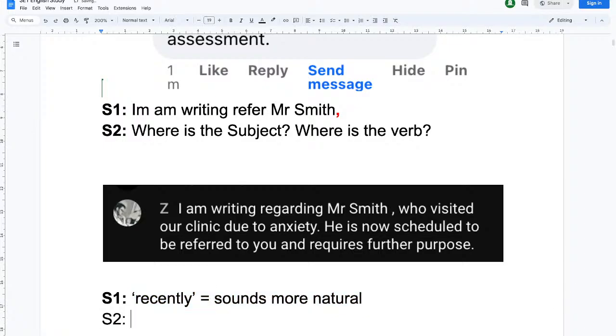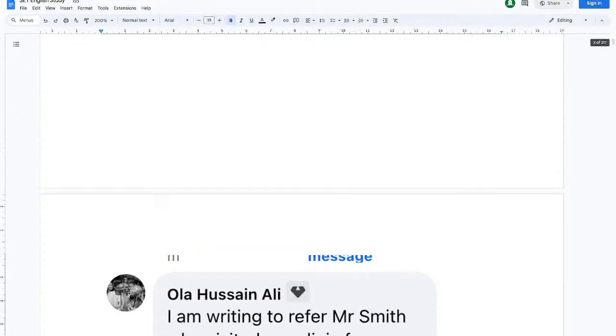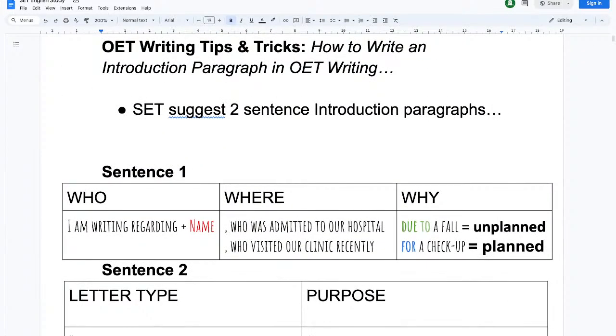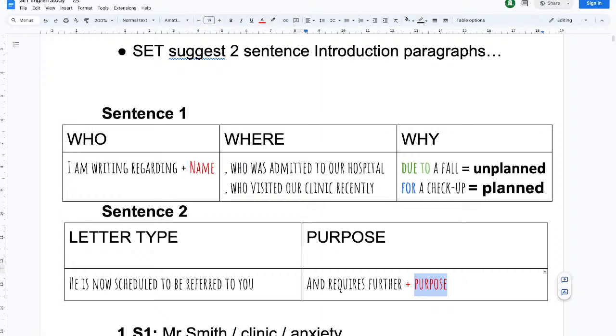Number 2: "He is now scheduled to be referred to you, requires further purpose." Now, sorry, Zed, I'm not explaining this very well. The reason why this is in red is that we're not going to say "purpose", right? We're going to say care and support, or assessment, or evaluation, or monitoring, right?